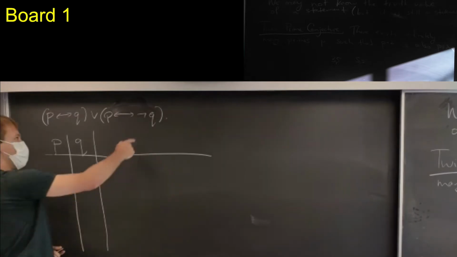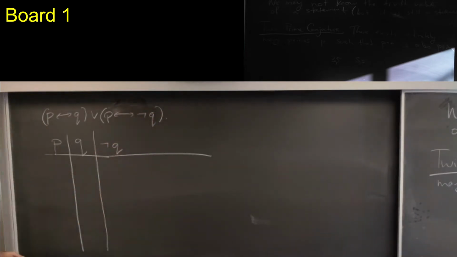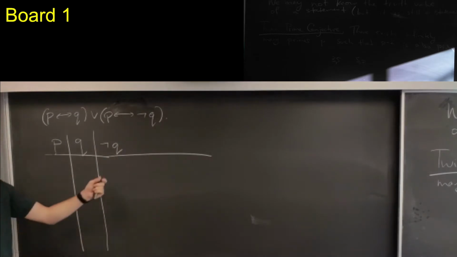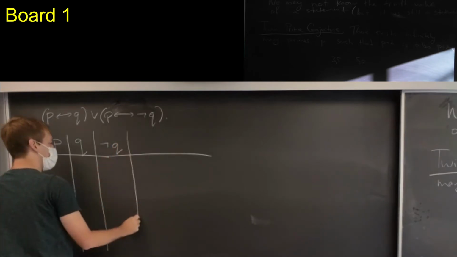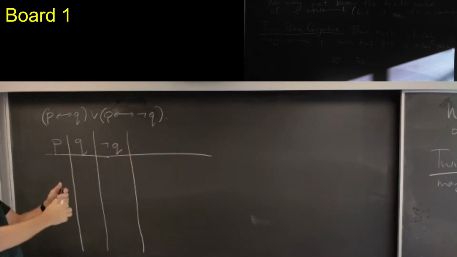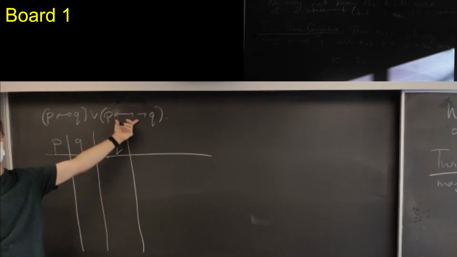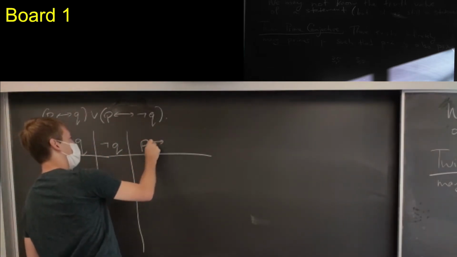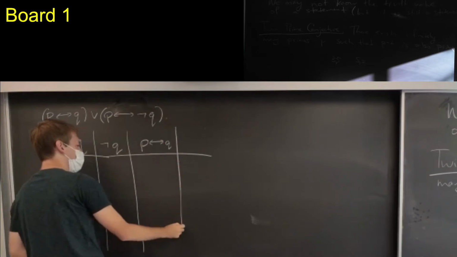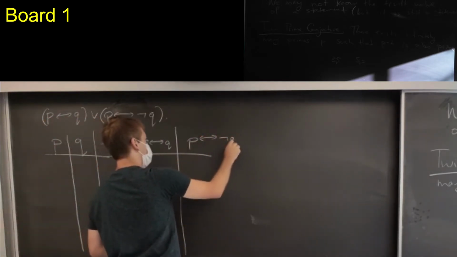In this case, we've got a not Q, so that's pretty simple. Let's do the not Q next. Then if we build outward, we could do P if and only if Q, or P if and only if not Q. It doesn't really matter. Let's do this one, P if and only if Q, as our next most basic thing, and then P if and only if not Q.